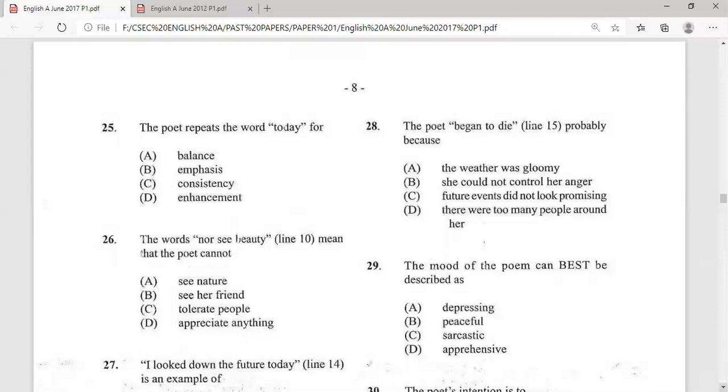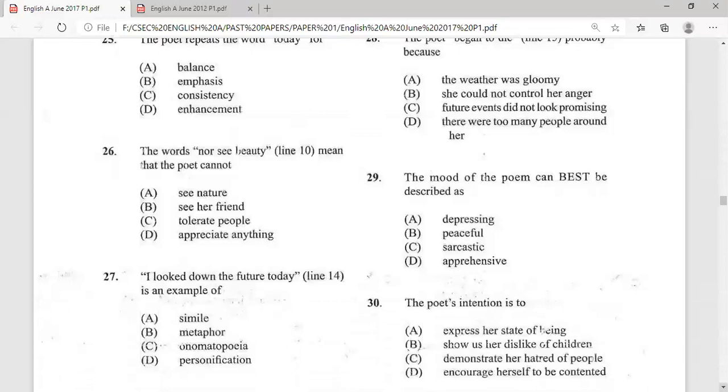So if this poet cannot see beauty today, what do you think that means? It means this poet cannot appreciate anything at all. It's not to single out nature or people or children, but it's just overall. Nothing is beautiful today. So 26D.